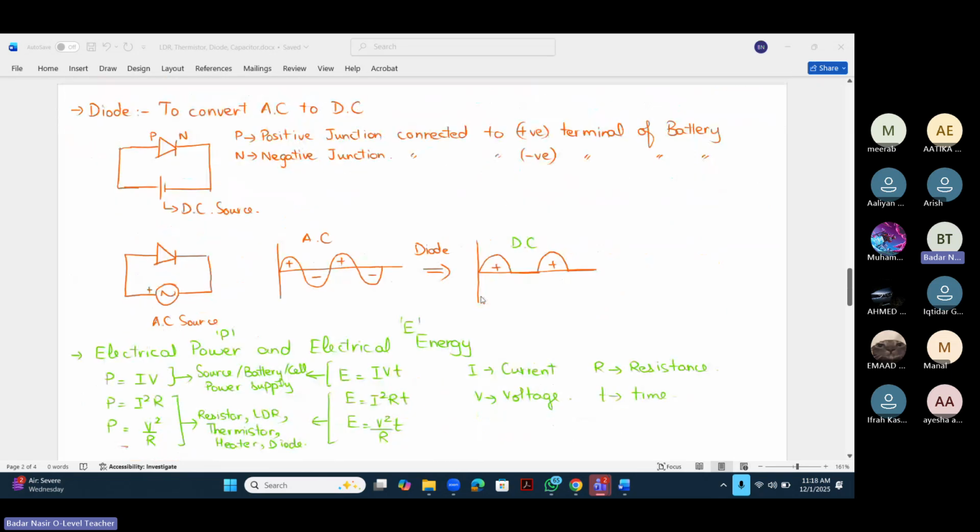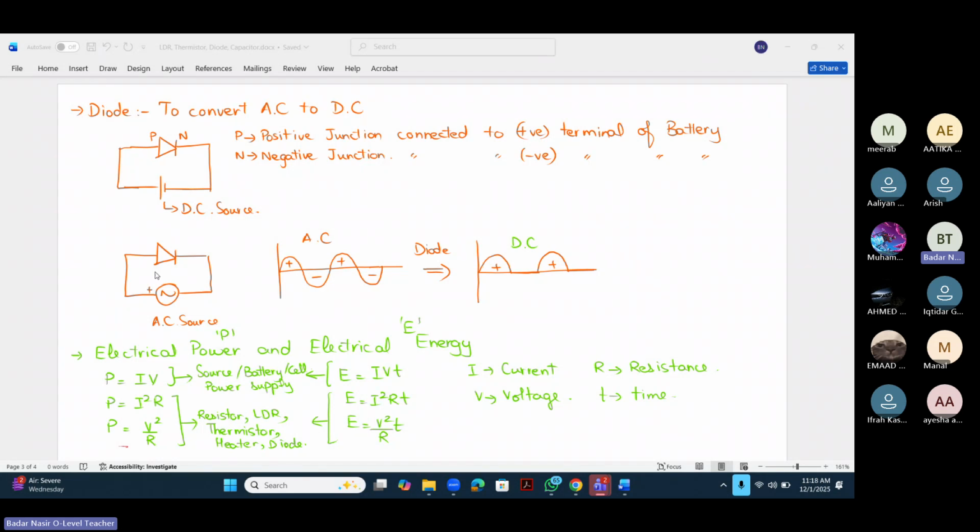Then next we talked about the diode. The function of a diode is that it converts an alternating current into a direct current. What is alternating current? One in which the magnitude and direction of the current are constantly changing, but in a direct current the magnitude and the direction of the current stay constant.